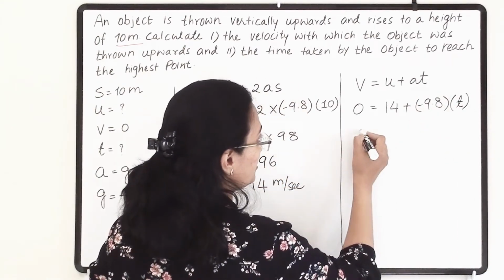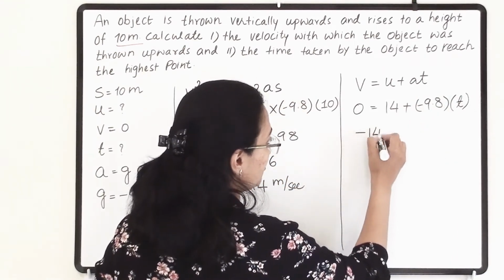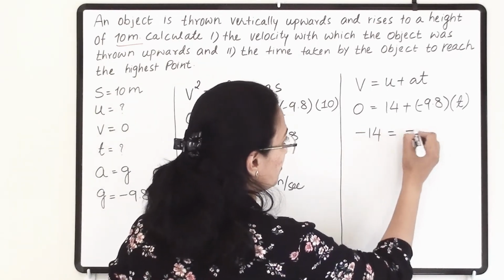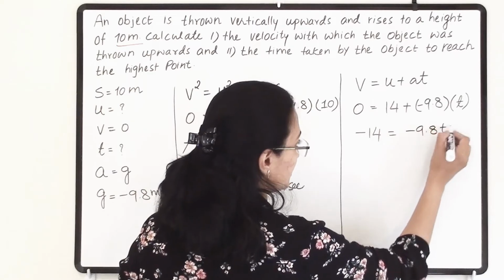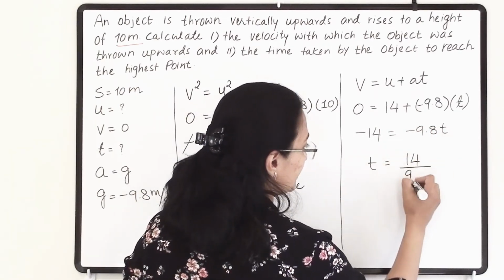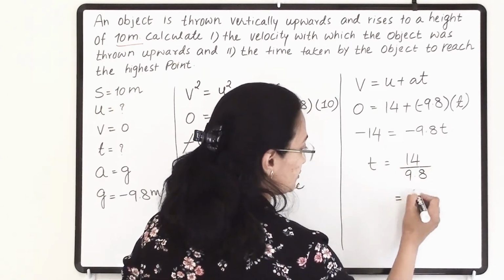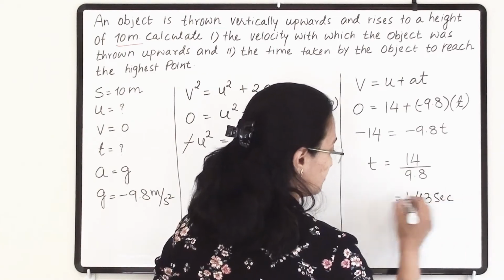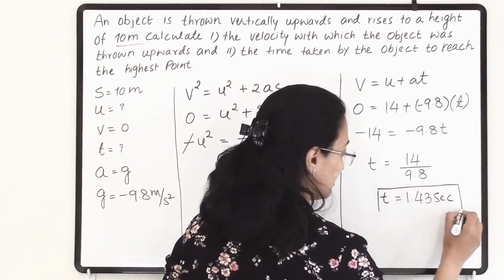So here we get minus 14 by taking it to this side, so minus 14 equals minus 9.8 t. So t equals 14 divided by 9.8. So t equals 1.43 second. So this is the time.